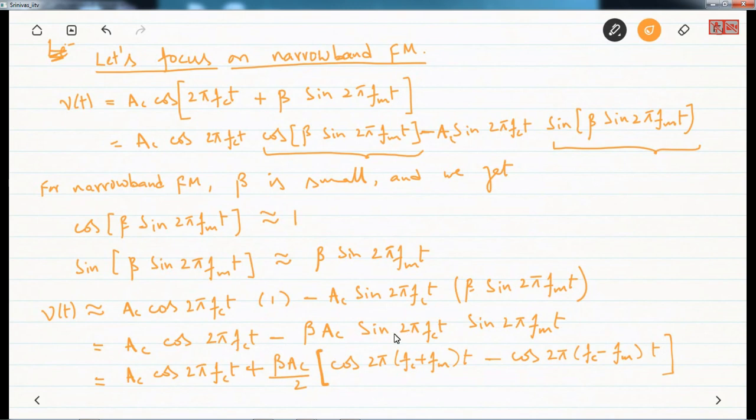Here I simply apply sin A sin B, which is equal to cos of A minus B minus cos of A plus B. So there is this minus sign in front of this equation, and that minus and the inside minus, finally you get this.